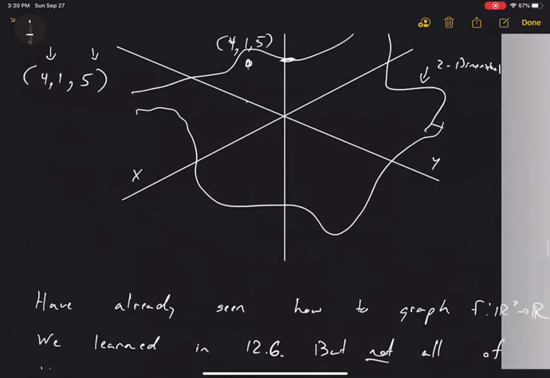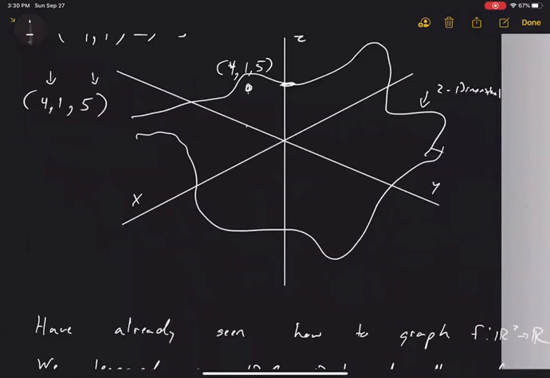And you can always think of little lines going from your surface down to the XY plane. So maybe this point here is on our curve, and we can think about a little line that drops straight down to the XY plane. That's like saying, this point is going to be -1, 4, 0, and this would be -1, 4, 3.